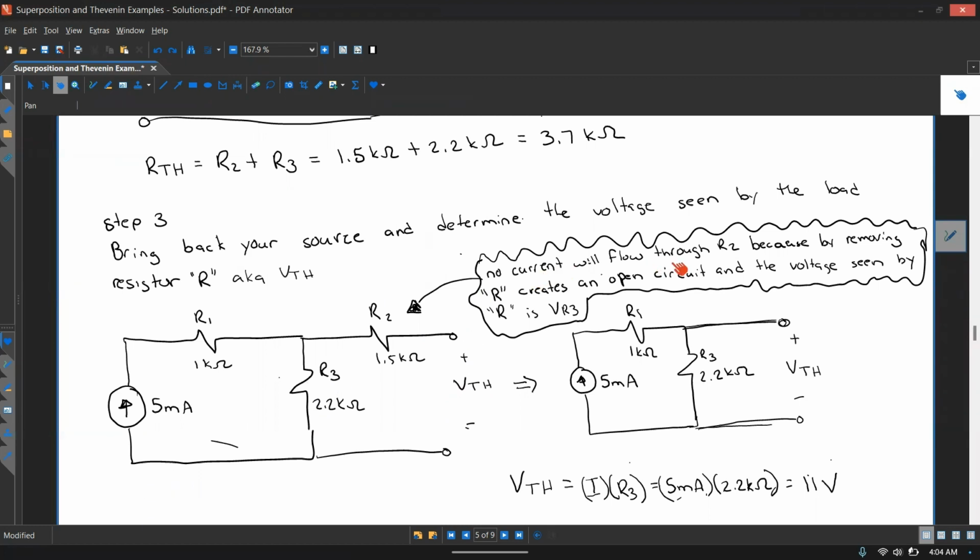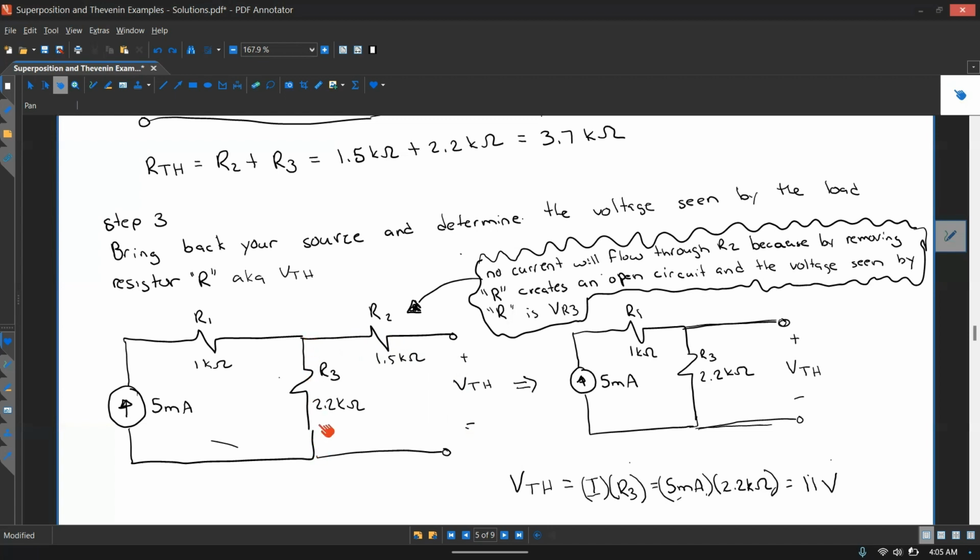No current will flow through R2, because removing R, the load resistor, creates an open circuit, and the voltage seen by R is really the voltage across R3. Think about it: current is going to flow in this direction, and it has an open circuit right here. This is open, so no current is going to flow in this direction. It's all going to flow straight through R3.